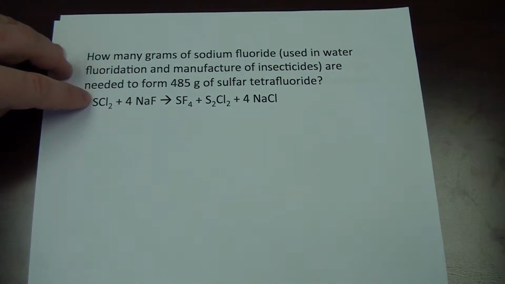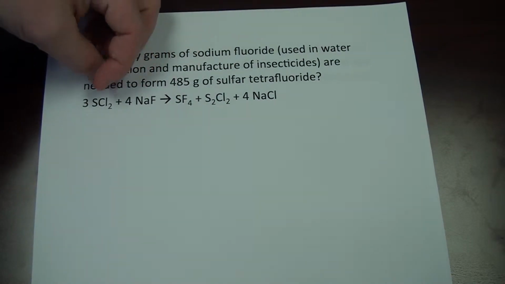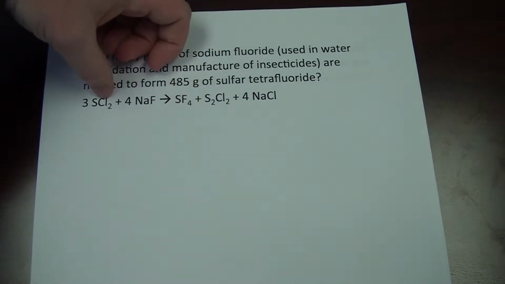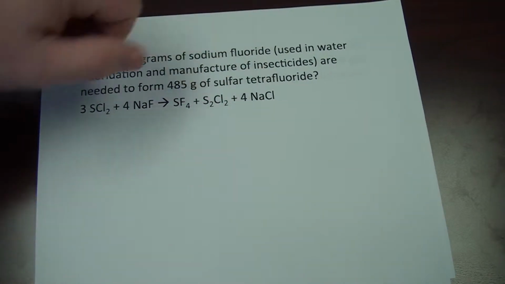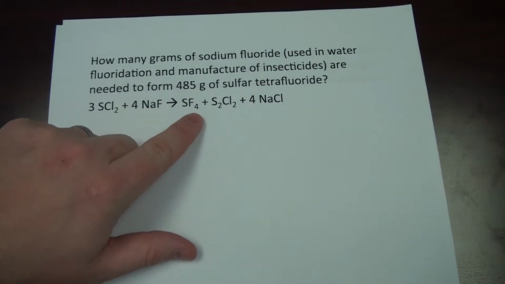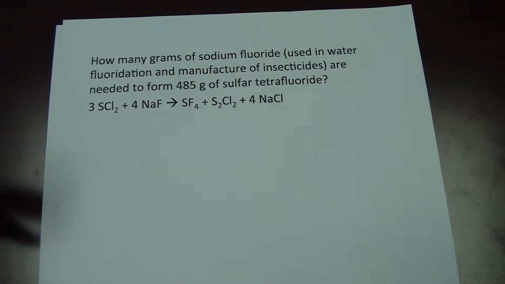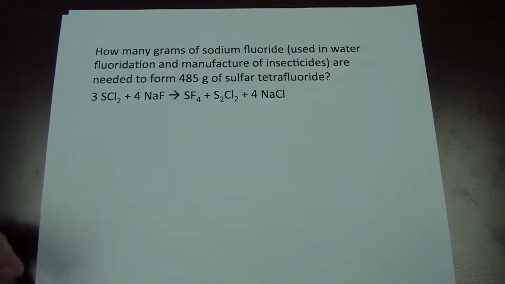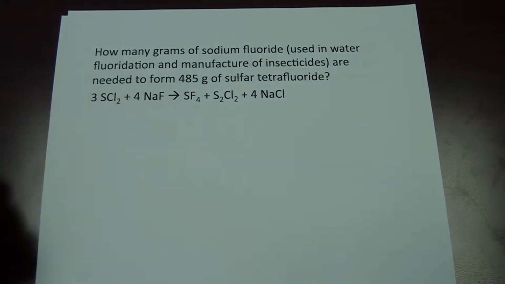So we have 3 sulfurs, 6 chlorines, 6 chlorines, 4 sodiums, 4 sodiums, 4 fluorines, 4 fluorines. So this is in fact balanced. I would always suggest that you check to make sure it's balanced, just in case for those few times that it's not, even though it appears to be balanced at the beginning.